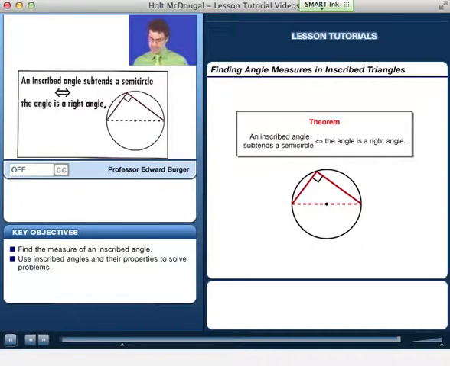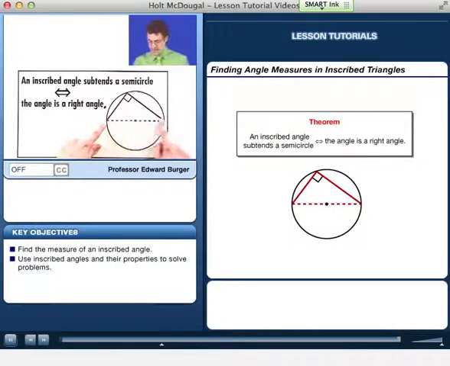Let me show you. Bottom line, if you put in a diameter somewhere, anywhere at all in a circle, and you pick any point you want on the circle, and you produce the two chords, one from one end of the diameter up to that point, and the other chord from that point out to the other side of the diameter, then you have actually produced some kind of inscribed angle.